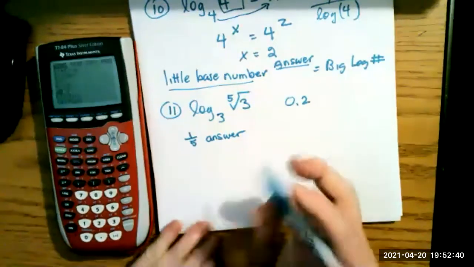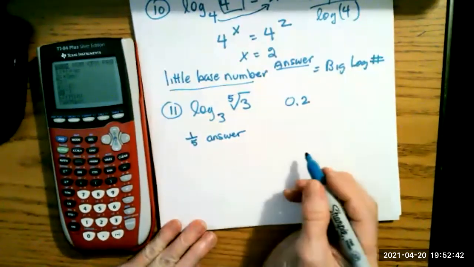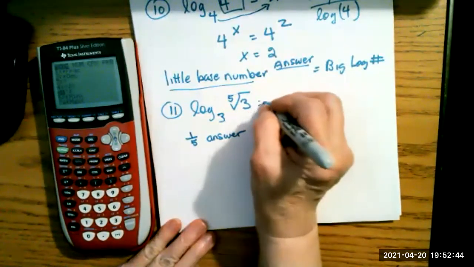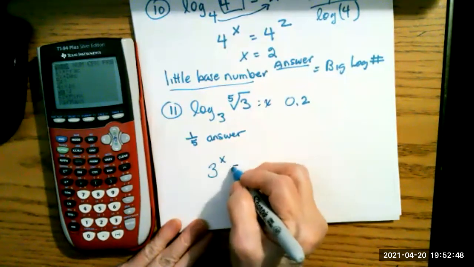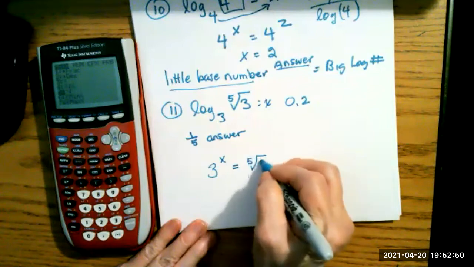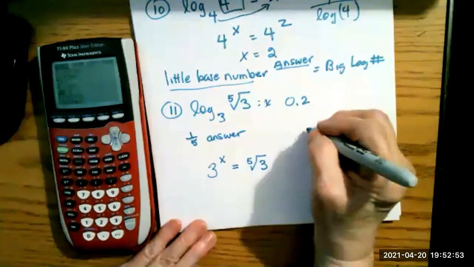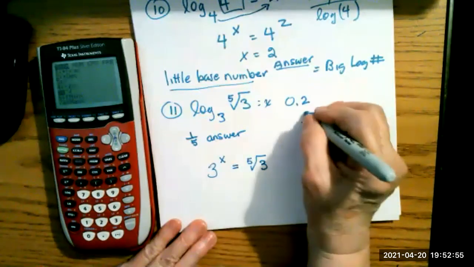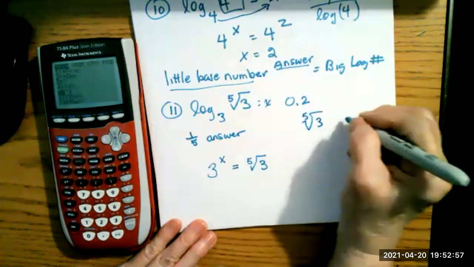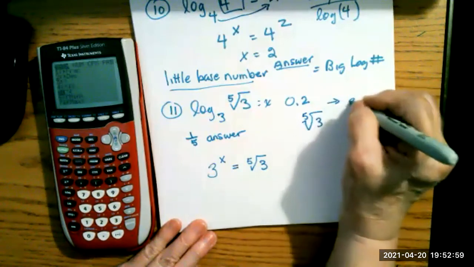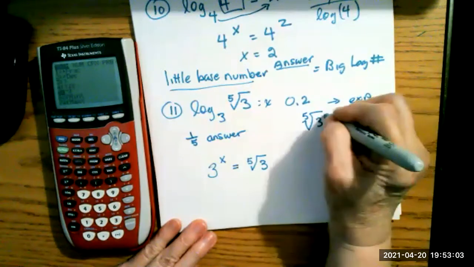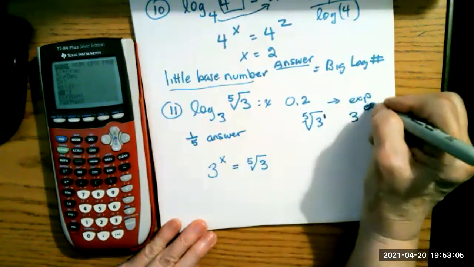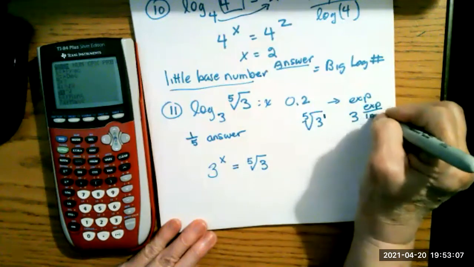All right, let me show you something that you're going to need to know down the road here. Let's do this as exponential. 3 to the x equals the 5th root of 3. To change from a radical form to an exponential, it's 3 to the, there's a 1 up there, exponent over index.